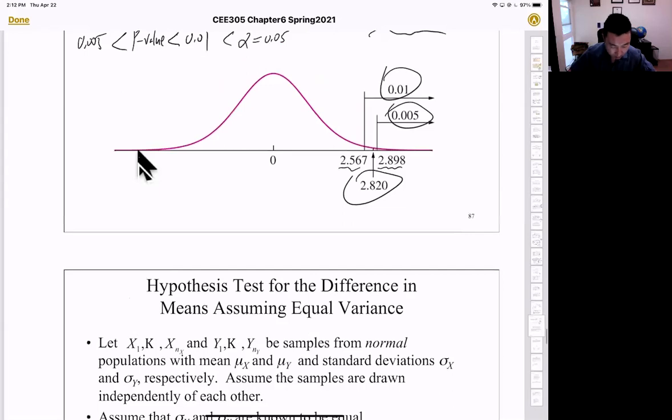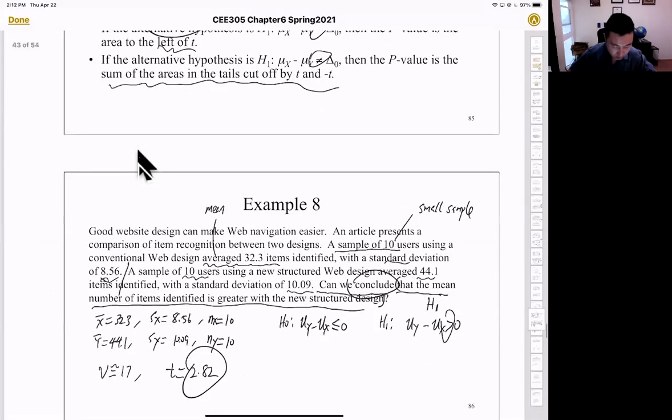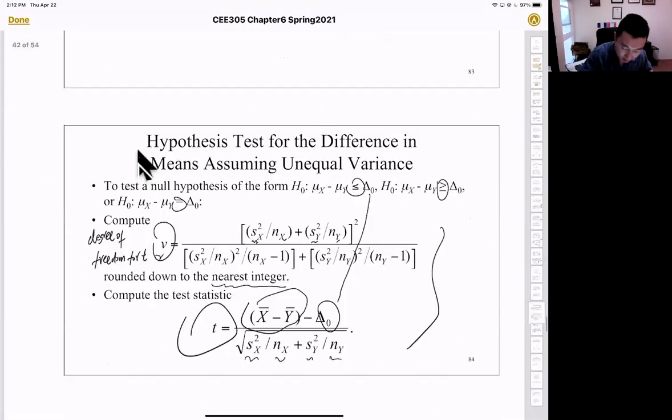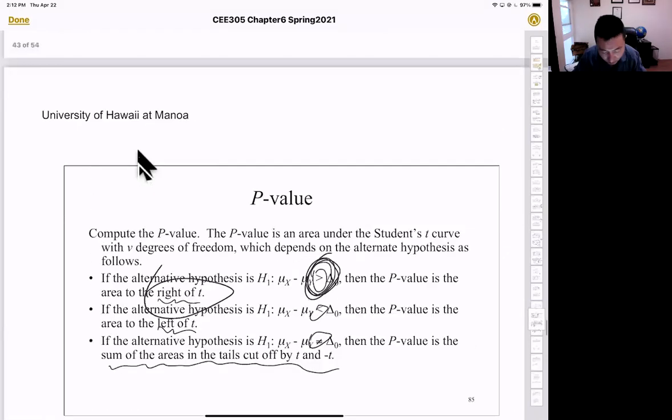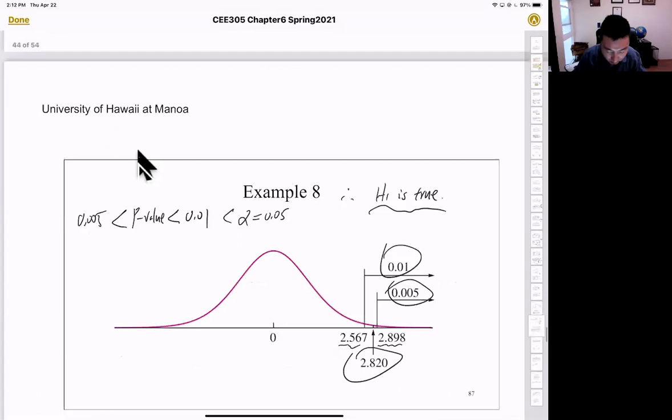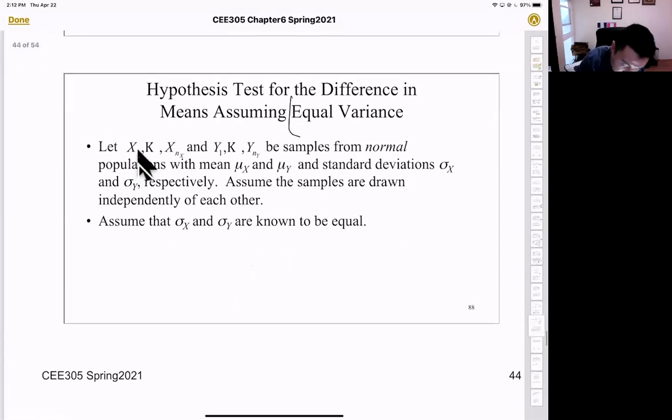So the above question assumes the two variances are not equal, so unequal variance. In a special situation, when the two variances are equal, this is still under small samples for the difference between two means.